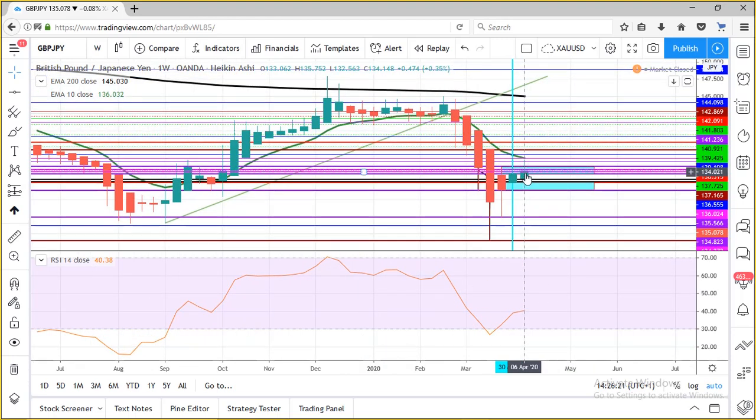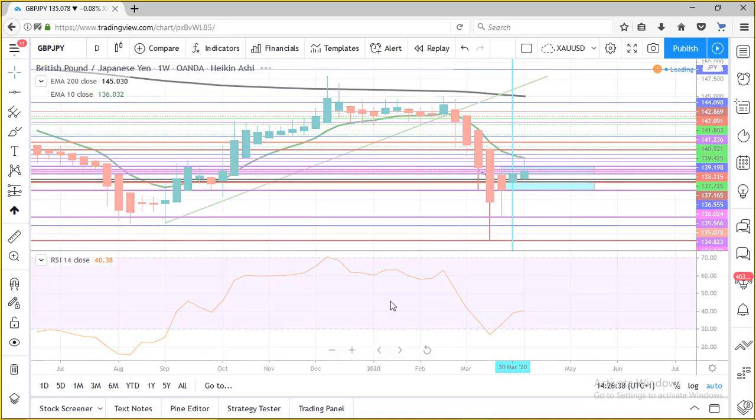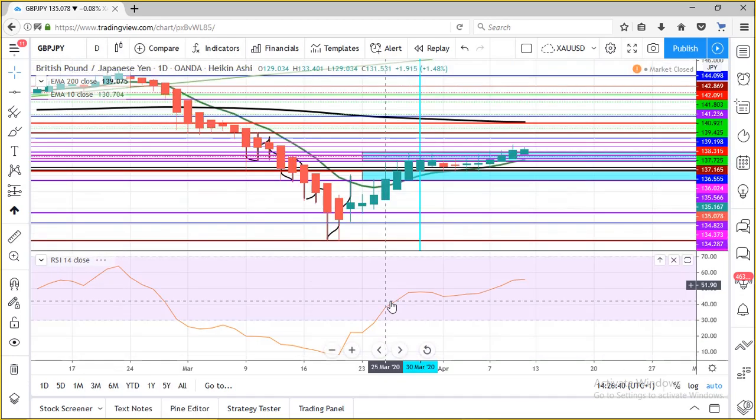But now you can see that there is a wick that has pierced this up. We'll see better on daily candle. Let me switch to daily candle for you to see. So it has pierced it a little on daily candle.